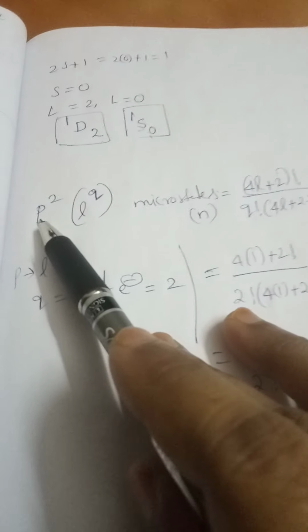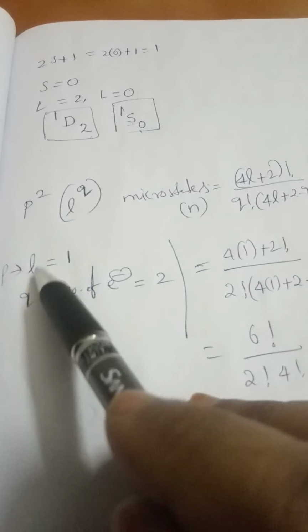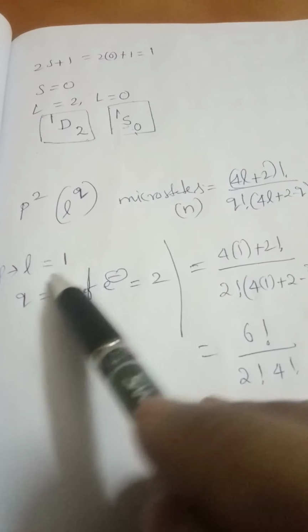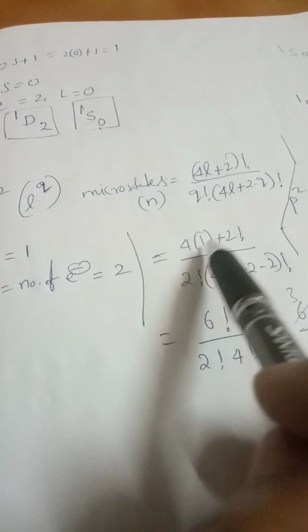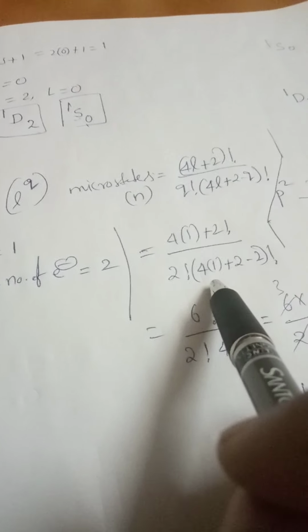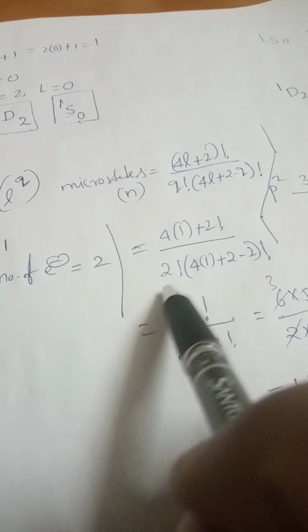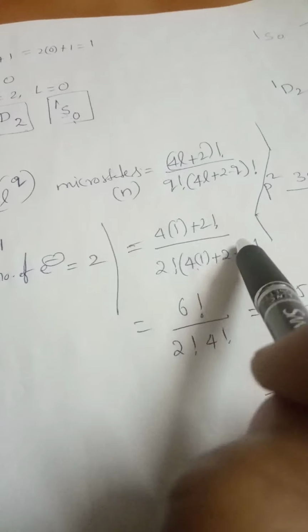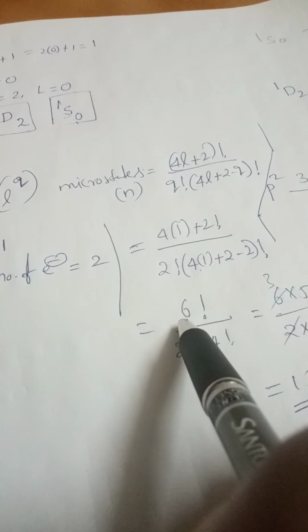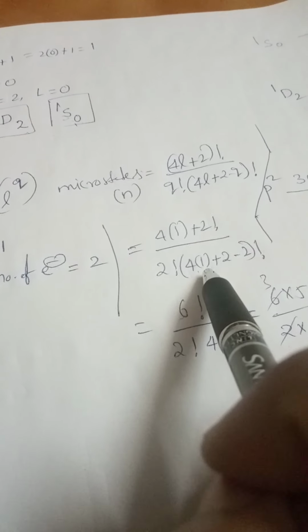Here it is the p orbital, whose L value is 1, and the number of electrons in that configuration is 2. So we put (4 into 1 plus 2) factorial by 2 factorial into (4 into 1 plus 2 minus 2) factorial, which is 6 factorial by 2 factorial into 4 factorial.